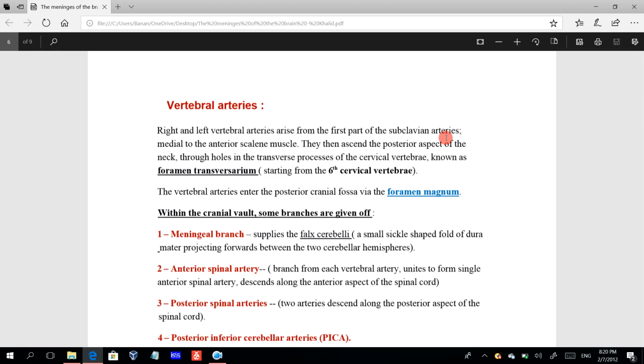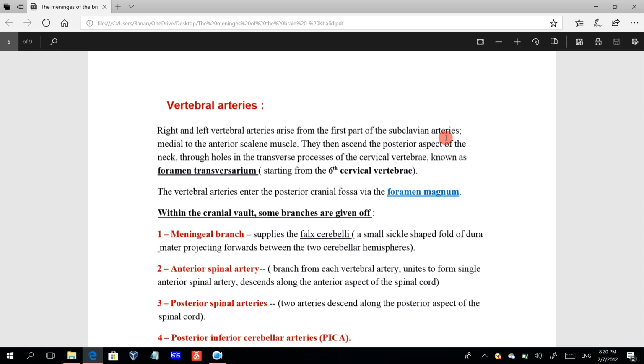While in the left side of the neck, the common carotid artery arises separately from the arch of aorta, and lateral to it, the subclavian artery also arises separately from the arch of aorta.